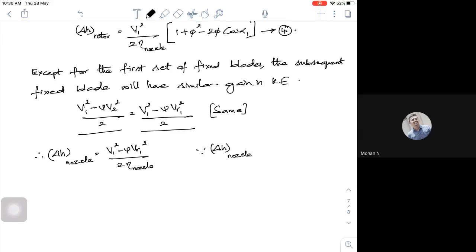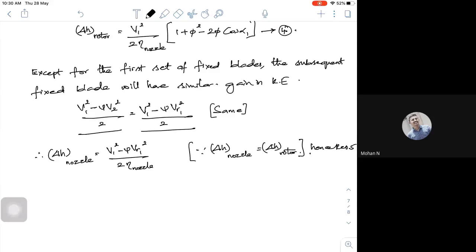This condition prevails only for R equal to 0.5.